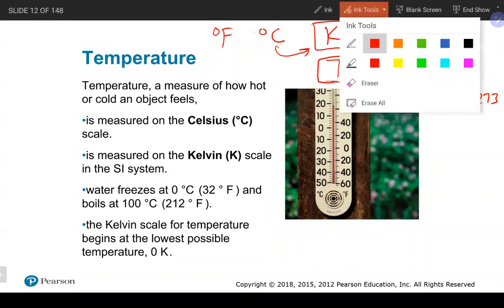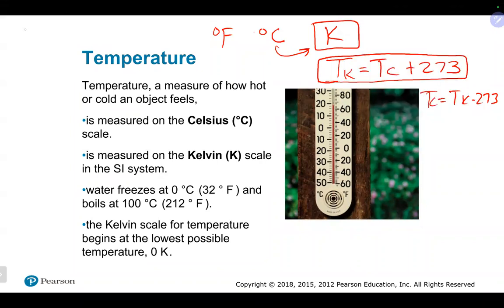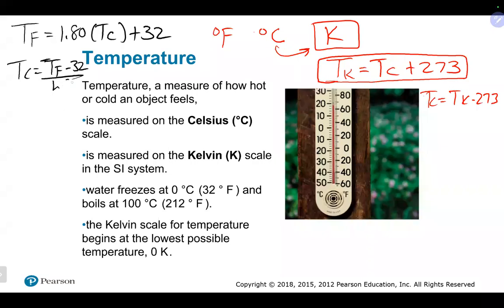If you want the temperature in Fahrenheit, that is 1.8 times the temperature in Celsius plus 32. And if you want the temperature in Celsius, that would be the temperature in Fahrenheit minus 32, divided by 1.8.